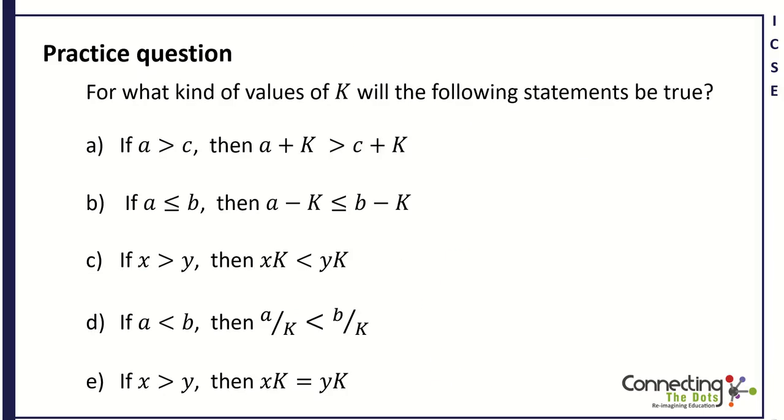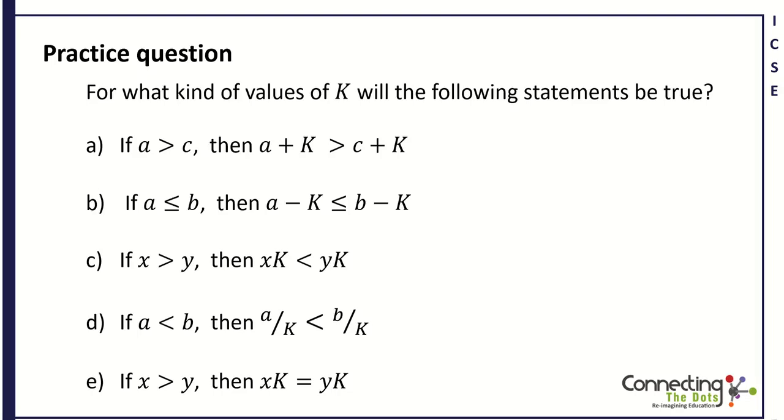Next set of questions involves deciding what kind of values of the number k will make the following statements true. If a is greater than c, that is given, if a plus k has to be greater than c plus k, what values of k can you have, or what values can k take?